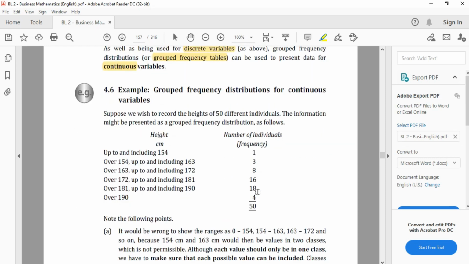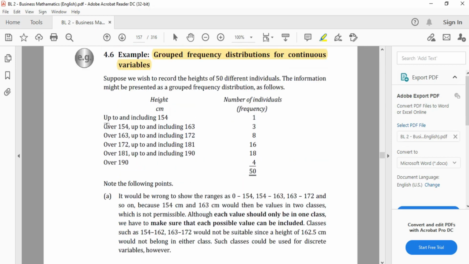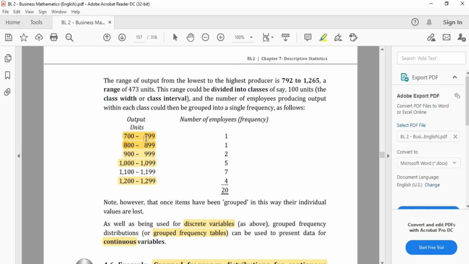Okay, so now let's see how to apply grouped frequency distributions for continuous variables. So continuous variables you would be writing like this: up to and including. After that, over 154 and up to and including 163, then you say over 163 likewise. The terms that you use for continuous data only change. Other than that, it's basically like this.